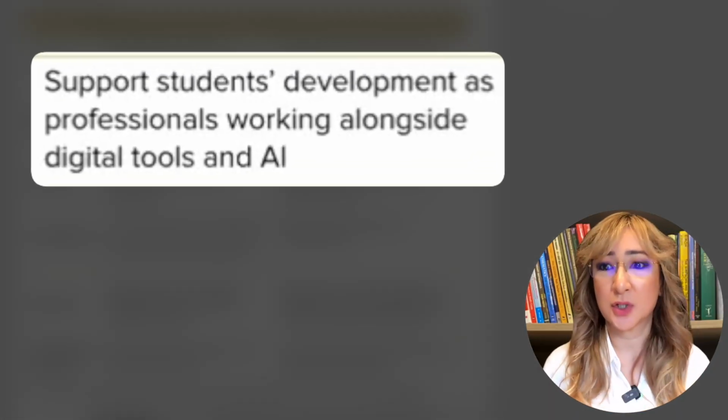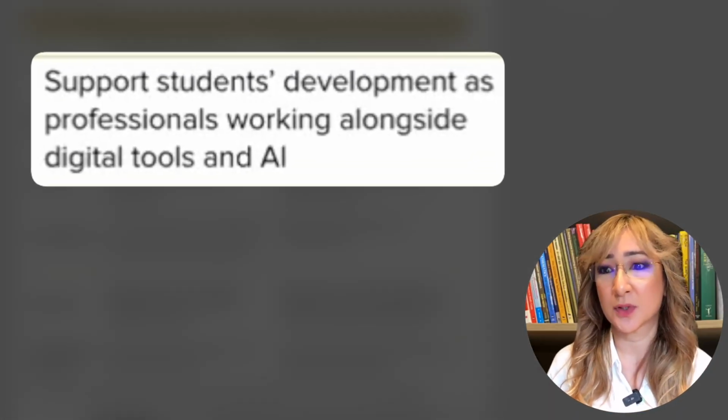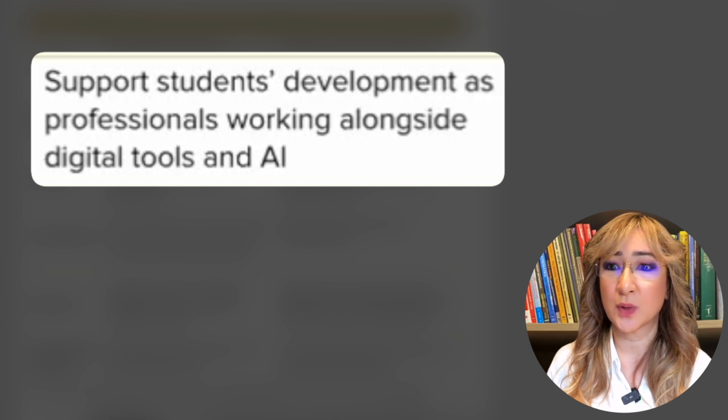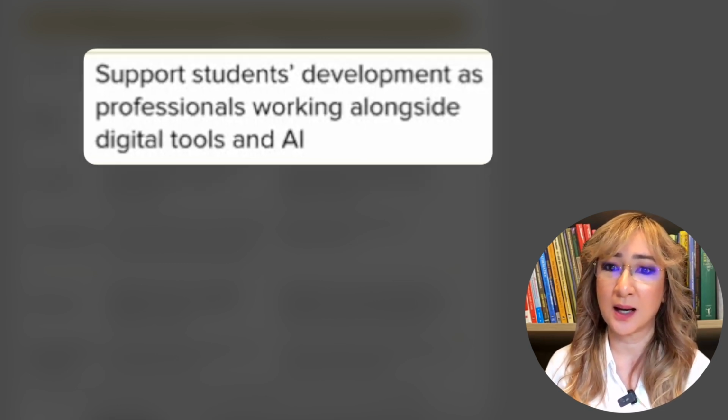So I think one of the key questions in the lane 1 assessment is, does the student understand what they're doing? Can they demonstrate and communicate, through either a practical assessment, demonstration, or a viva voce, that they actually understand what they're learning? Now let's go to the lane 2 assessment. This is to support students' development as professionals working alongside digital tools and AI.